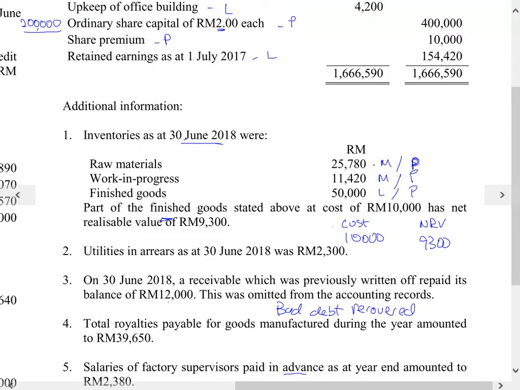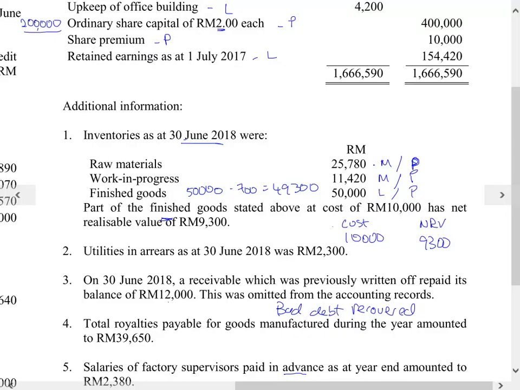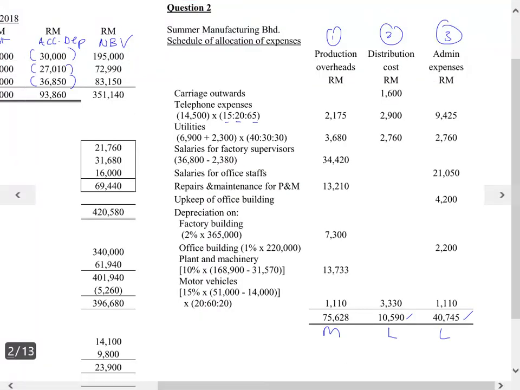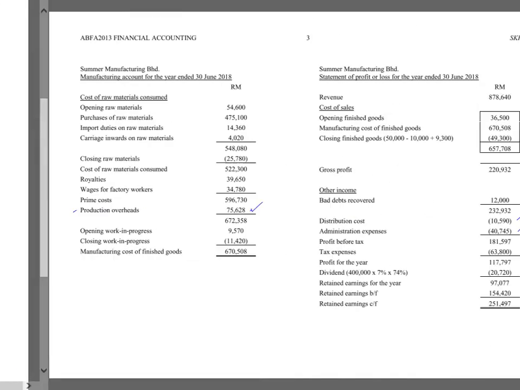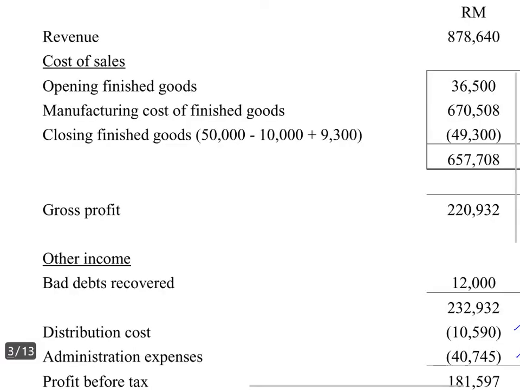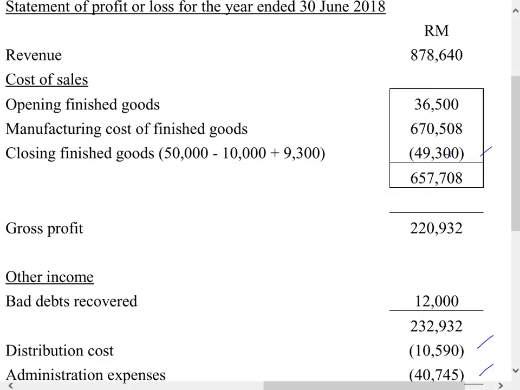So what is my closing inventory now? Is it 49,300? So my closing, I should take straight away 49,300. Okay. So you check the working here. You took already the photo just now. So as part of my closing finished goods, part of my closing finished goods is 49,300. Can you see? Okay, show it as a working.